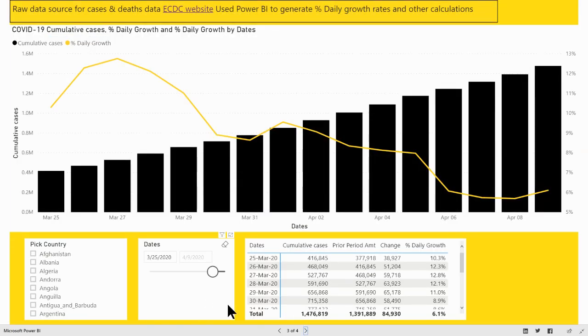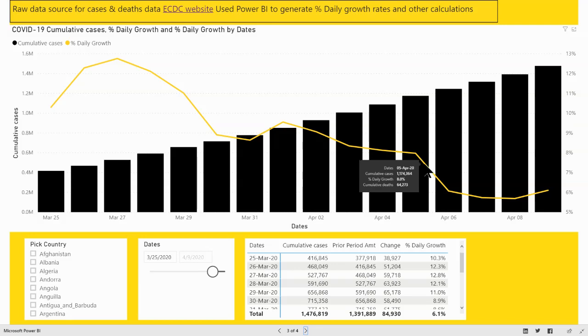The other thing I did was to look at the percentage daily growth rates versus the number of cases. This is one of the things I did not see being done in a lot of these statistics.